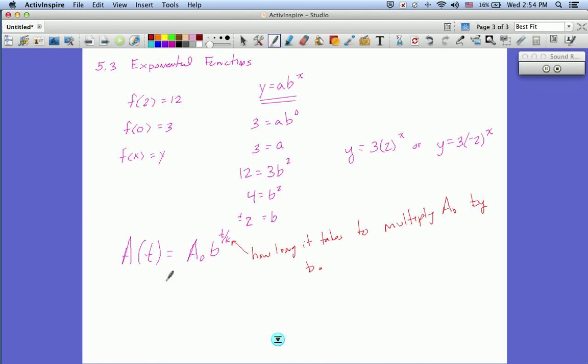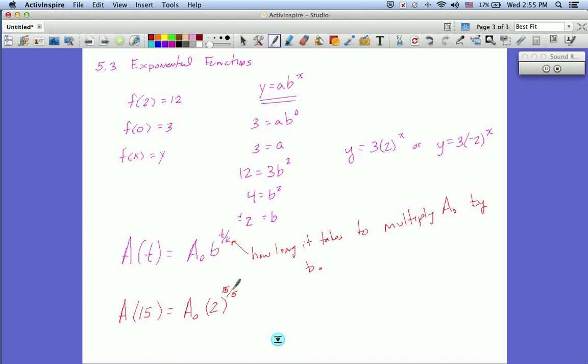If I tell you something has a doubling time of 5 days, and I want to know where it'll be in 15 days. So I have my starting amount, let's call it a sub 0. It's doubling every 5 days, so that's 2. And the time, I'm saying 15 days, it doubles every 5 days. So how long does it take to multiply a sub 0 by b? It takes 5 days to multiply a sub 0 by 2.